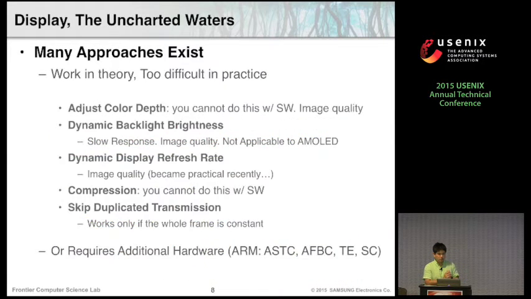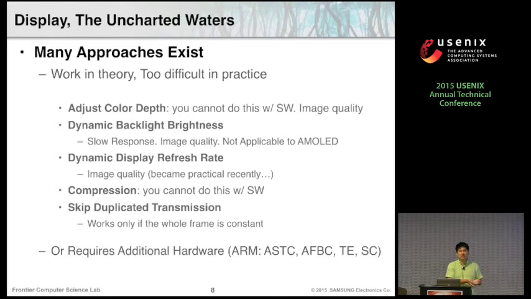There have been many research approaches for display power consumption. They work in theory, but in practice, either they cannot be used by the industry, or the side effects are too critical. For example, if we adjust the color depth dynamically, it affects the image quality, and the quality assurance team will not allow us to use this scheme.